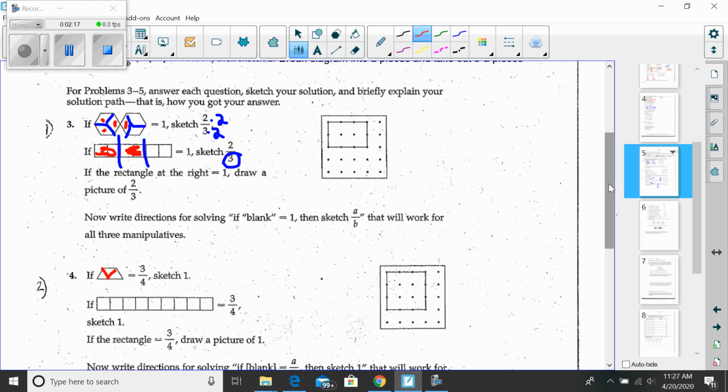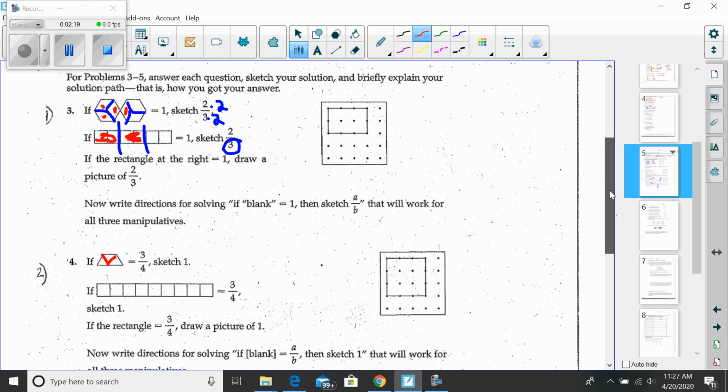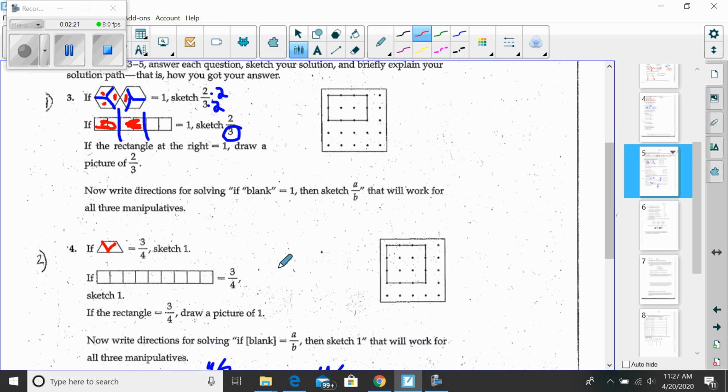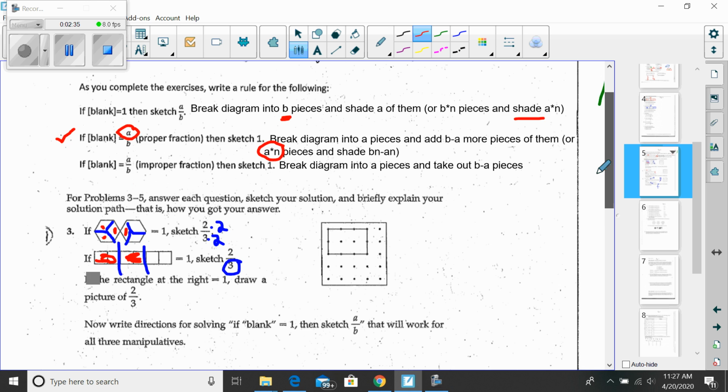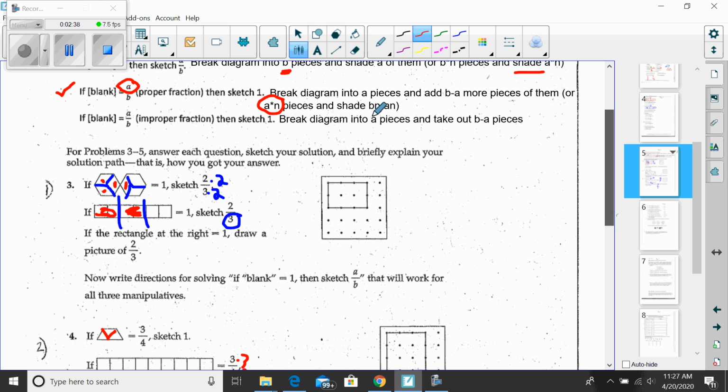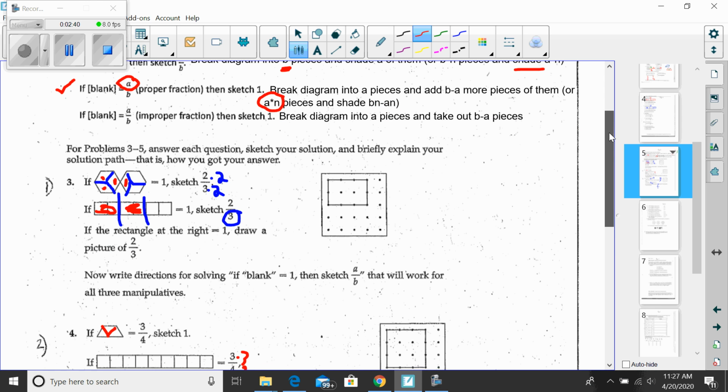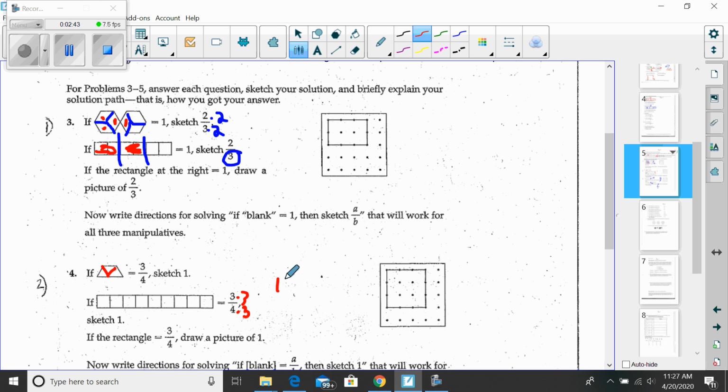In the example down below, I have 9 pieces. So I could divide this up into 9 pieces, and then how would I determine how many more pieces I need? What I generalized in my rule here is that I would need b times n minus a times n. So I would need 16 minus, I'm sorry, that's not 16, that's 12. 12 minus 9.